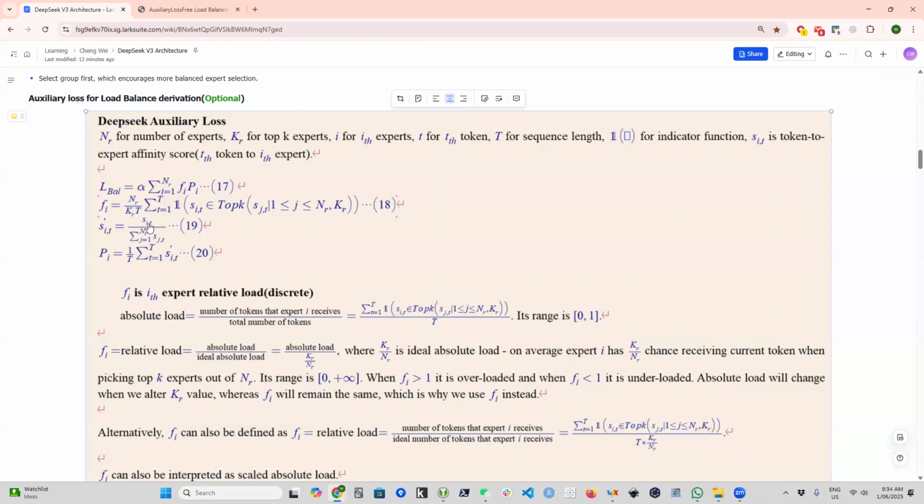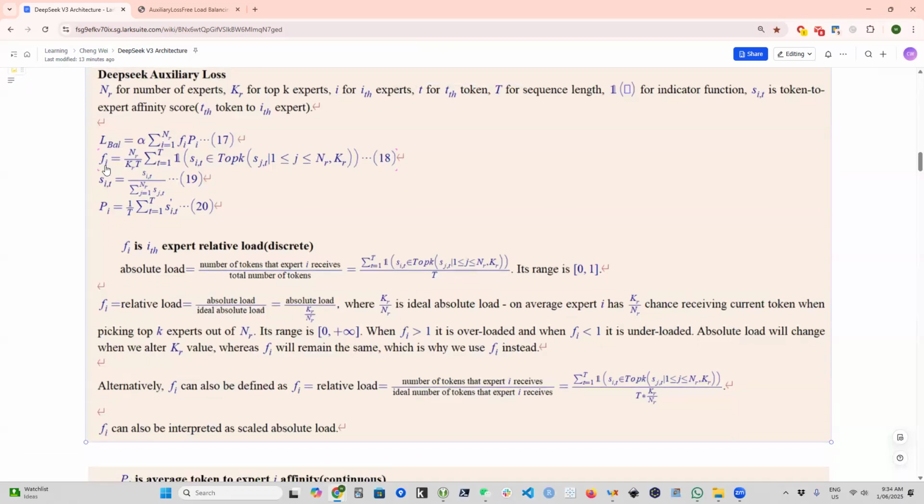In the source code we calculate this affinity score. We call it the score plus bias, right? In the source code. Yeah, this is exactly that. Then we normalize it. So this term we understand. Okay. Then we try to explain this term first.